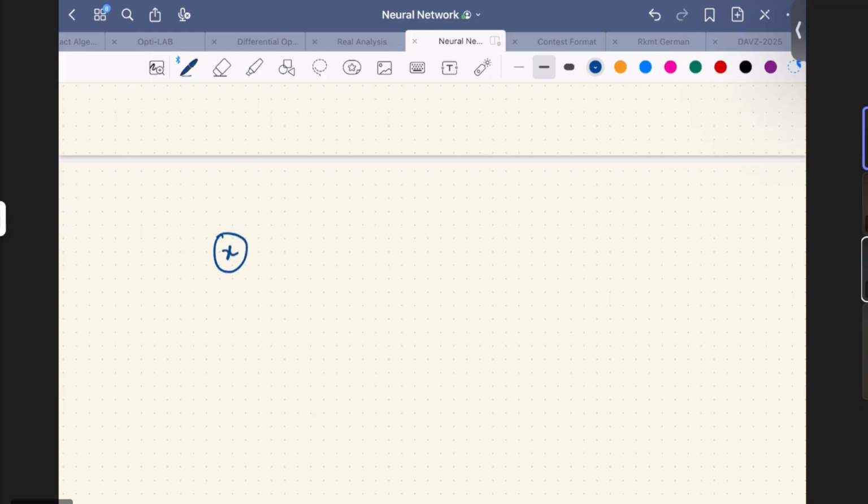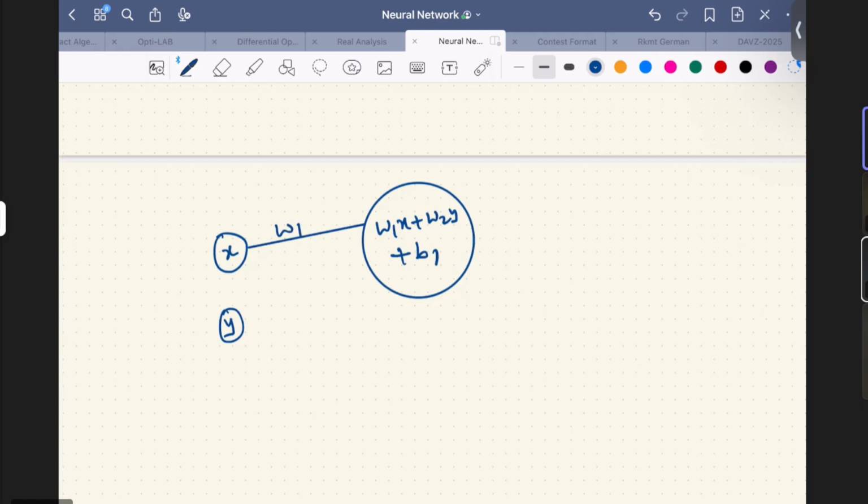You have X, you have Y. These are the only inputs you have. Now you have one line equation, that is W1x plus W2y plus B1. This is W1, this is W2, and this is B1.